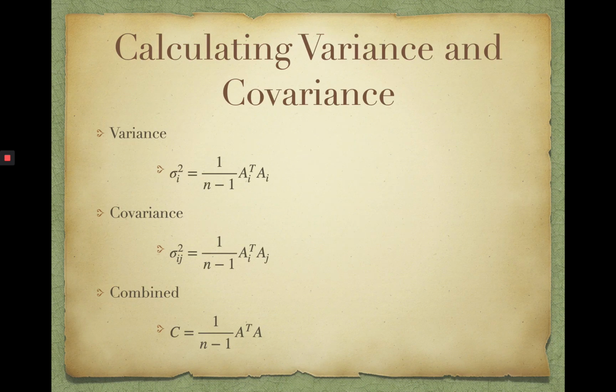Let's talk about how we calculate variances and covariances. They're really, really similar. A variance is how one variable varies with itself, second moment. So if you consider those columns, A_i, which is my data on them, that's all for one particular variable.